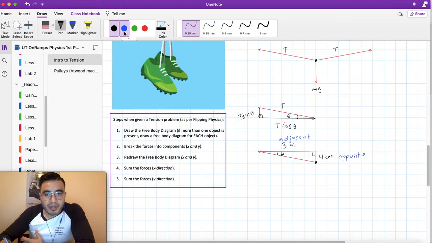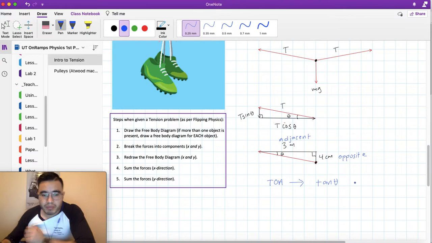We can finally use our function on the TOA side, because we never use it. We only use sine and cosine most of the time. So we have TOA. That is, the tangent of theta is equal to the opposite divided by the adjacent.